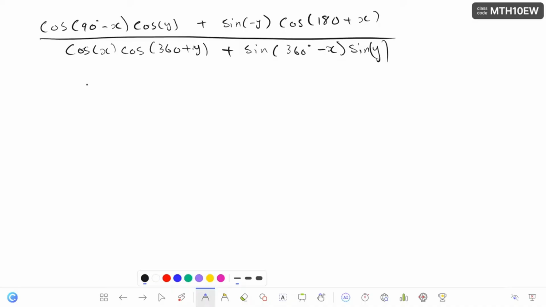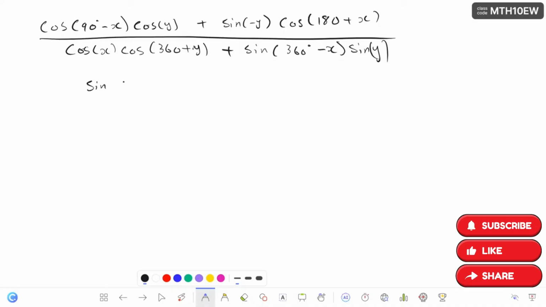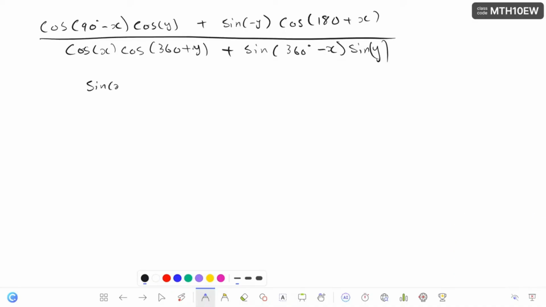So it's going to be sine x cos y plus, yes, this one is going to be negative sine y times this one. Let me write the CAST diagram.